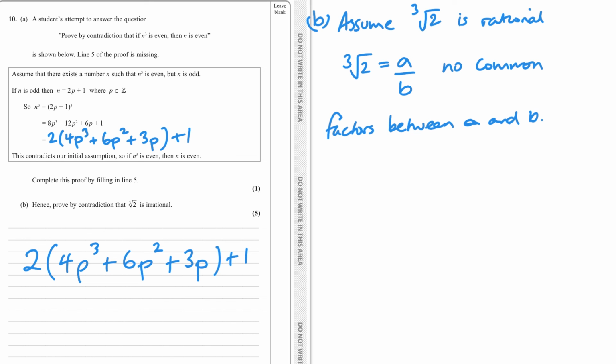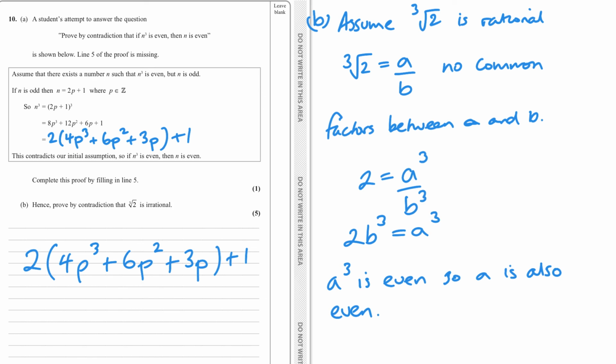Now, next step then is to cube both my sides, so I get 2 equals a cubed over b cubed, or 2b cubed equals a cubed. This means that a cubed must be even, and therefore a can be written as 2n.